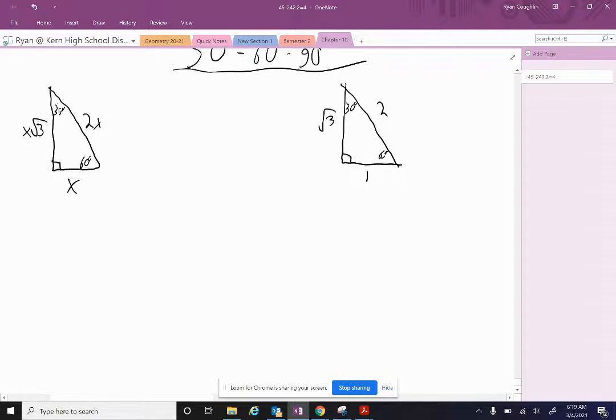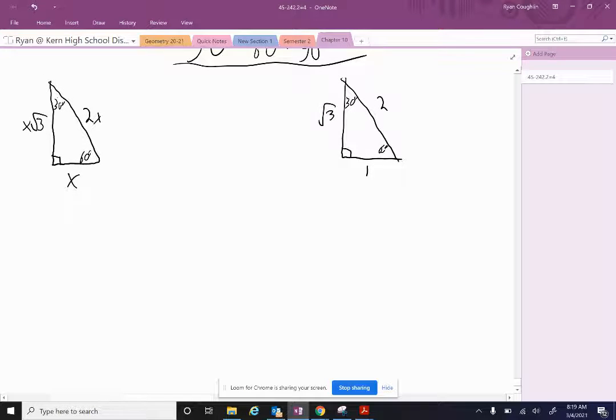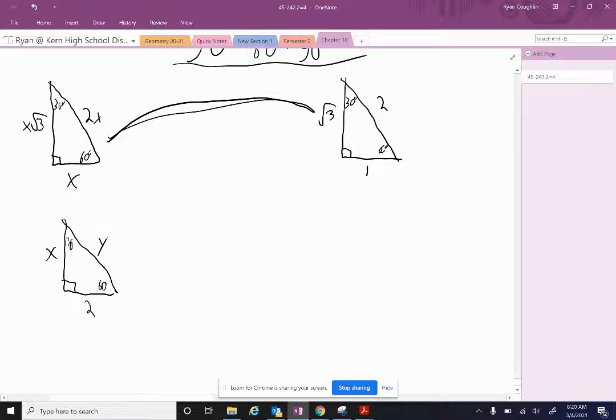Let's see how we're going to use this. Let's say I have my triangle here. Here's 90, here's 60, and we would automatically know this is 30 if we're given two of them. Let's say this is 2, and this is X, and this is Y. I want to find X and Y. Using these base triangles, and you can use either one, it doesn't matter, it's the same process.